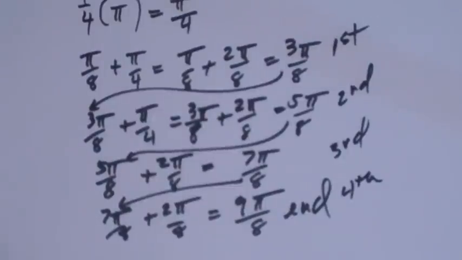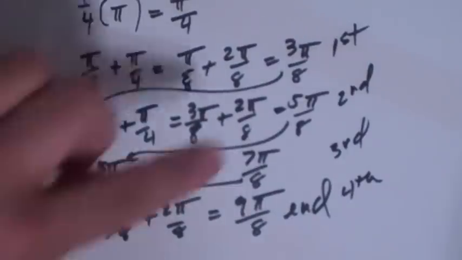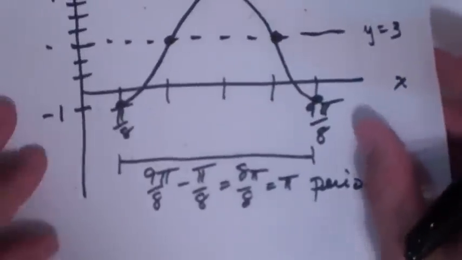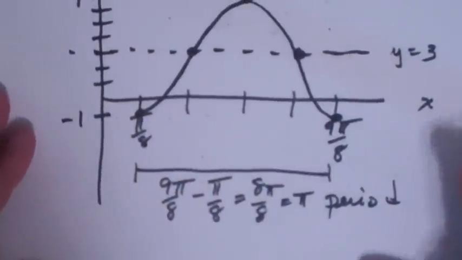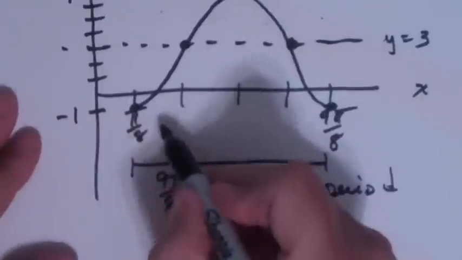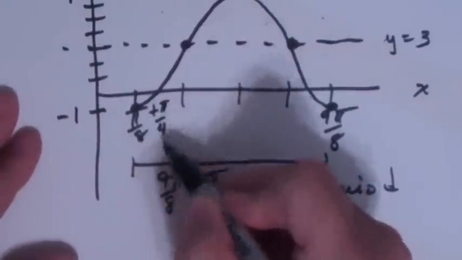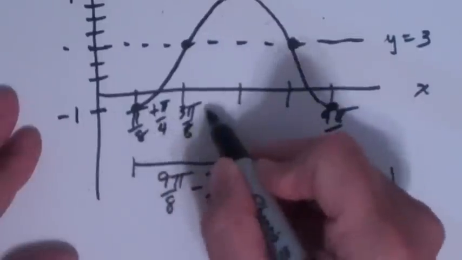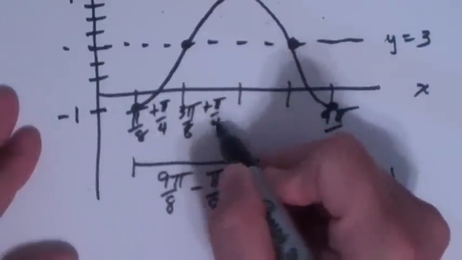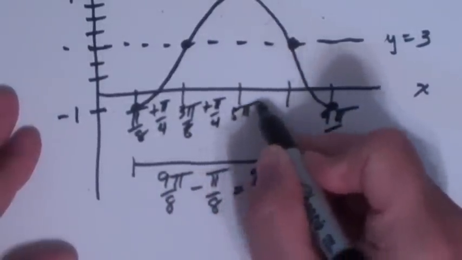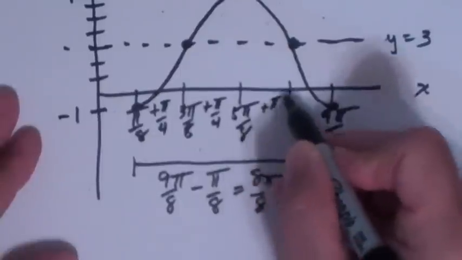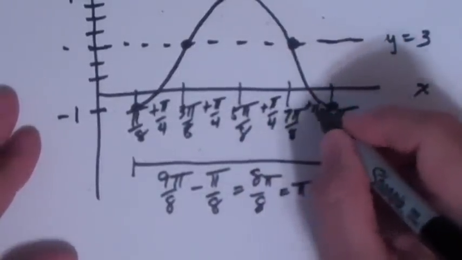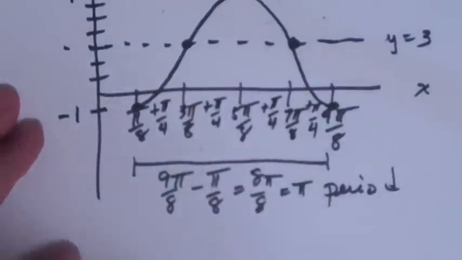Now let's remember these 3/8, 5/8, 7/8, and 9/8. That's going to go here. So essentially what happened is we added pi over 4 to get 3 pi over 8, and added another pi over 4 to get 5 pi over 8, and added another pi over 4 to get 7 pi over 8, and added another pi over 4 to get the 9 pi over 8.